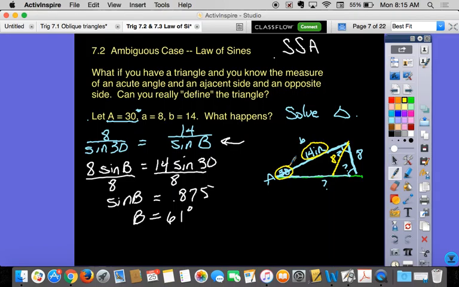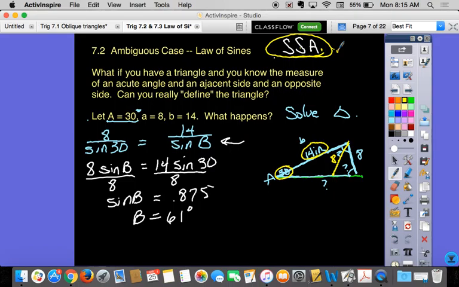But you now have a totally different triangle. This is why SSA does not work for similarity and congruence. That's why you didn't learn it in geometry for those two chapters. Because you have this ambiguity of which triangle it is.